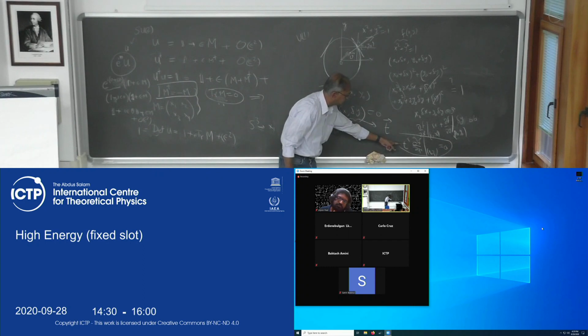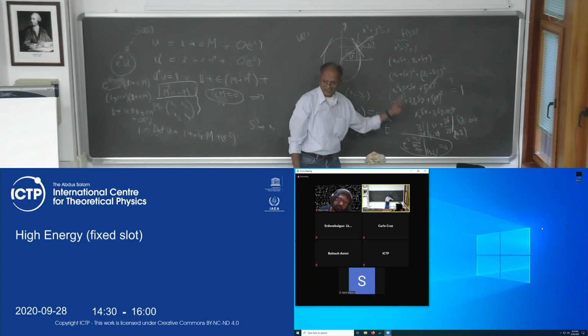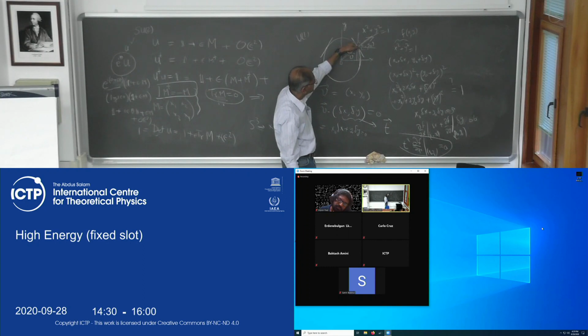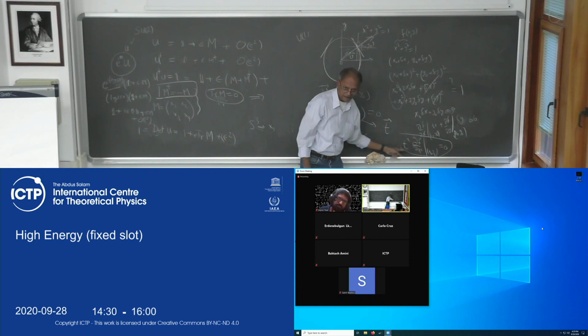So it's saying the directional derivative of f along this vector is 0. But that's exactly what we did before, right? We said which direction I can move so that this quantity doesn't change, right?